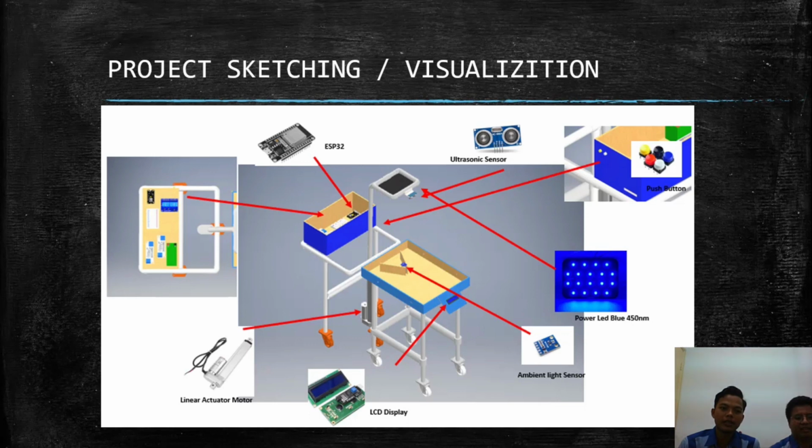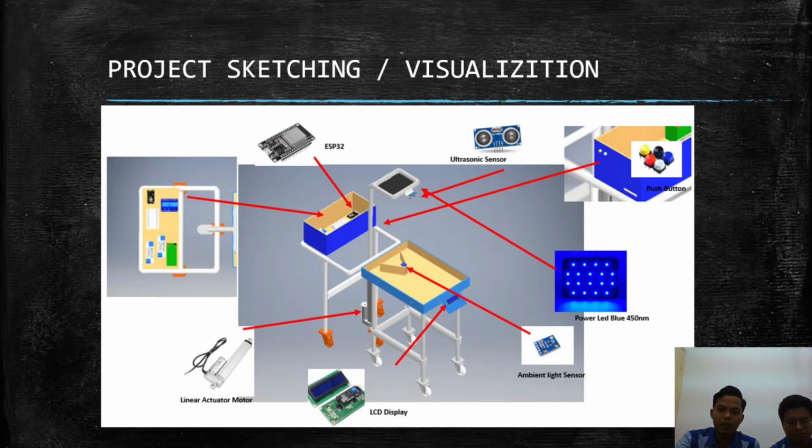This is the project sketching of the solution. It was made by Shafiq with Autodesk Inventor. This is a diagram for this project. We can see the ambient light sensor placed between both of the baby's legs, and the ultrasound sensor at the main LED on the top.